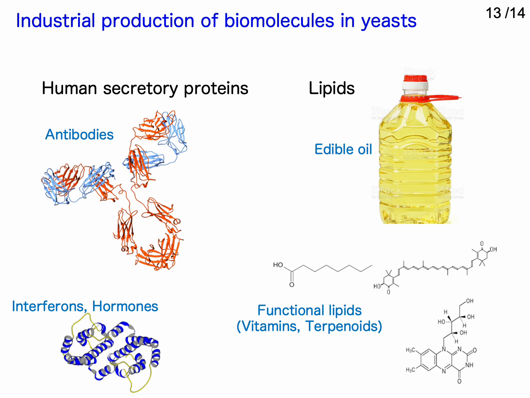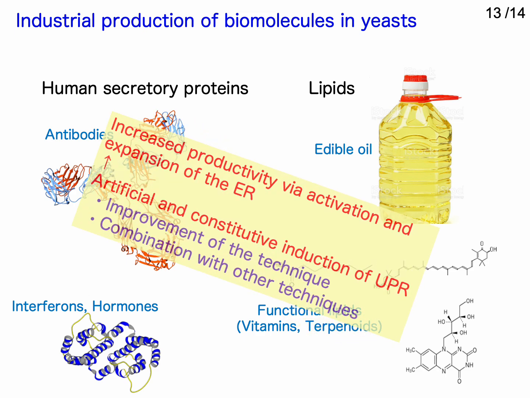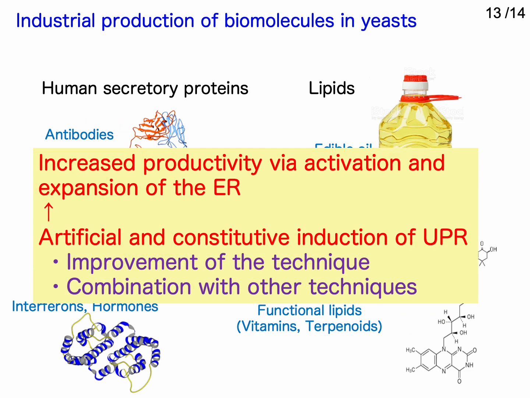Moreover, in the near future, it may be possible to commercially obtain lipid molecules from genetically modified yeasts. Because they are produced in the ER, we expect that activation and expansion of the ER can increase their productivity. From this viewpoint, we will further improve our strategy to artificially and constitutively induce UPR, for instance through combination with other techniques.